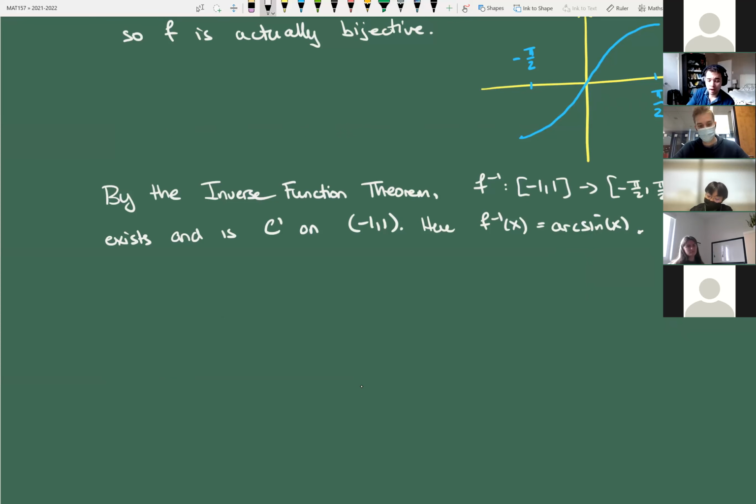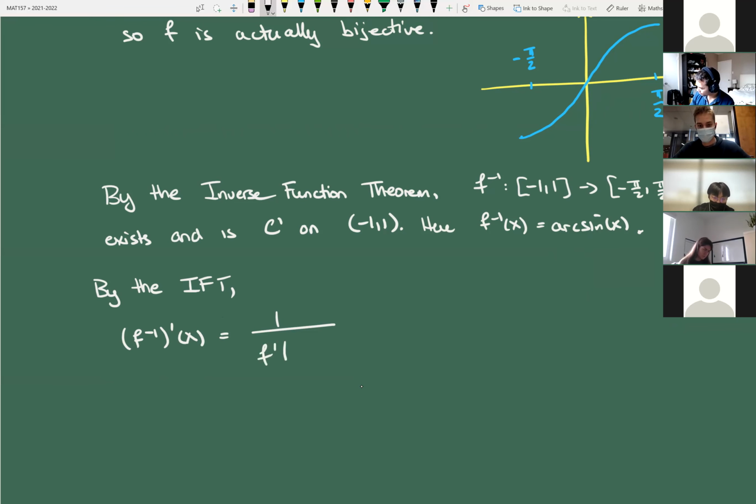But let's see now how we could actually compute what the derivative is, right? So by the inverse function theorem again, we're going to have that F inverse prime of x is 1 over the derivative of the original function, F prime of F inverse of x.